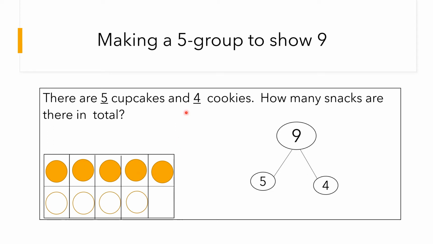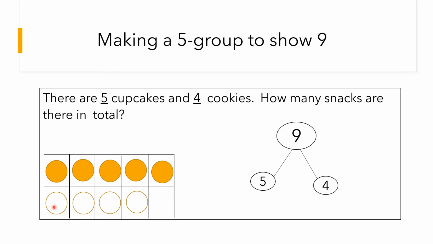Then our story problem says there were 4 cookies. Now, because the cupcakes and the cookies are 2 different parts, I want to show that in my 5 group. So that means I'm going to make my 5 cupcakes look different than my cookies so that you can see the parts clearly. So I'm going to make my cookies white.